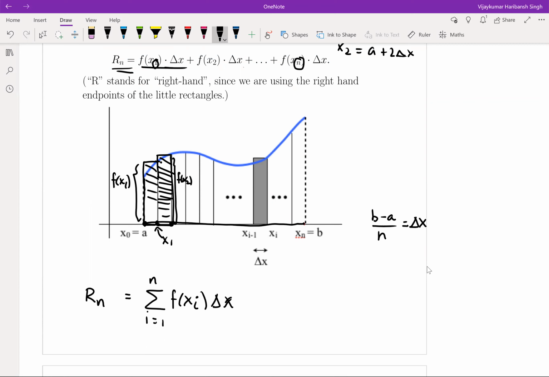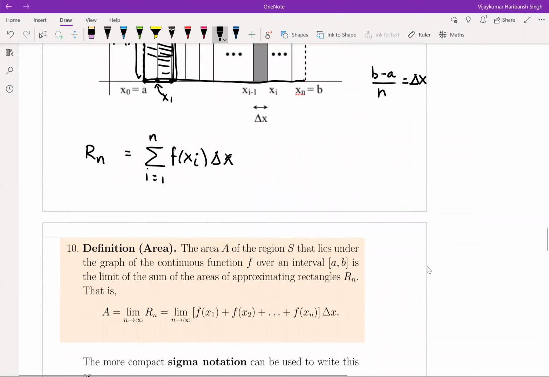Because the left-hand sum and the right-hand sum did not really matter, as we saw in the earlier case, it is true in general if the function is continuous that we will define the area to be the limit as n goes to infinity of Rn, which is this guy here.